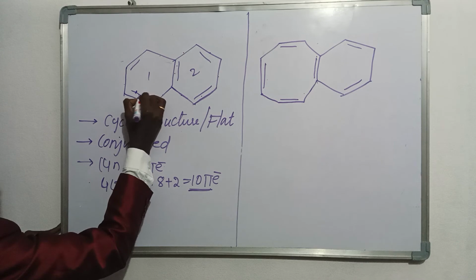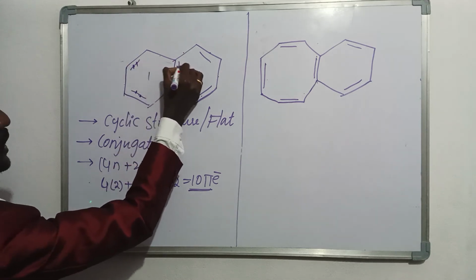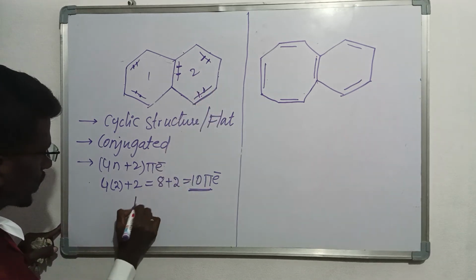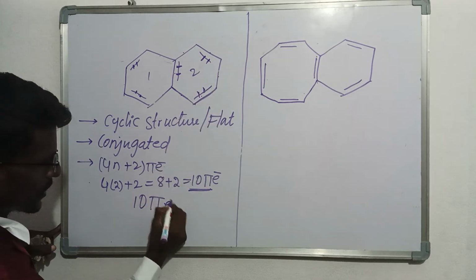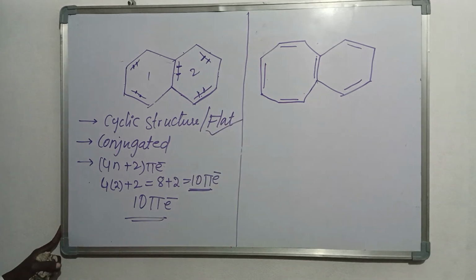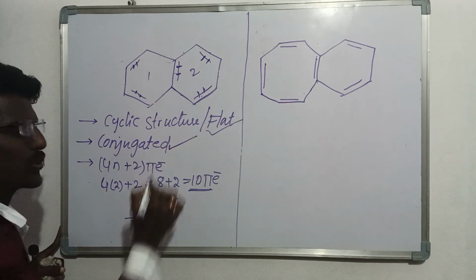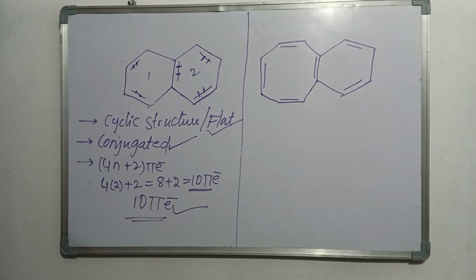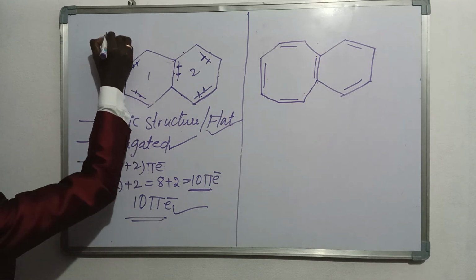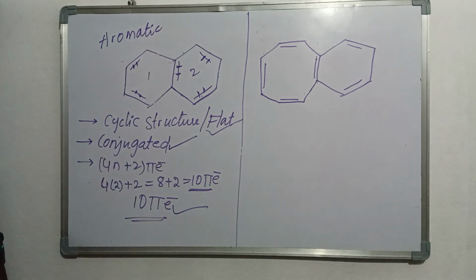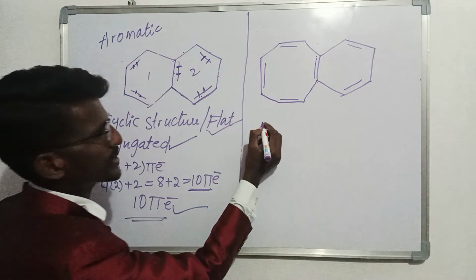We count 1, 2, 3, 4, 5, 6, 7, 8, 9, 10, so 10 pi electrons are present. So it has a cyclic structure, it is flat in nature, it has a conjugated system, and it has 10 pi electrons. Hence it satisfies Huckel's rule, hence it is aromatic.